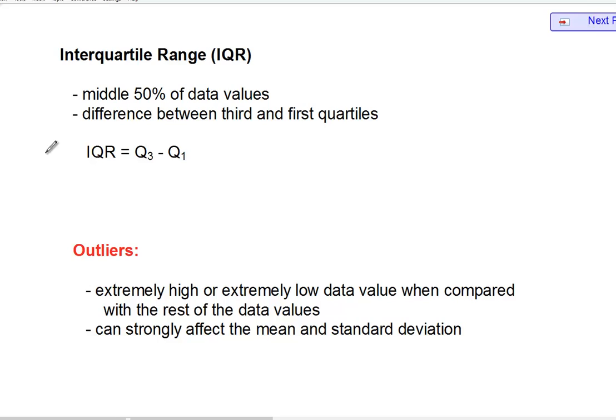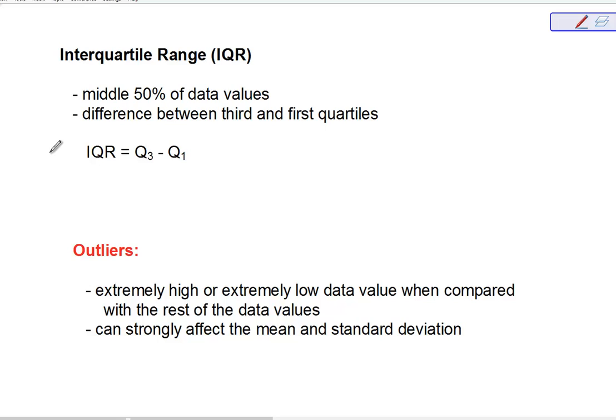We're going to continue with quartiles because there are a couple of other concepts that we use with quartiles. One of them is what we call the interquartile range. The interquartile range, also referred to as the IQR, is the middle 50%.